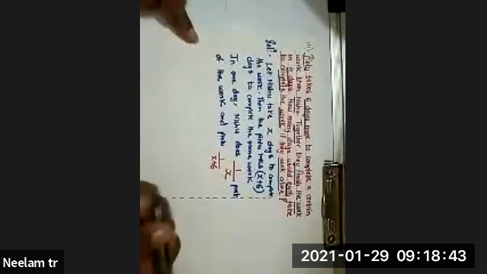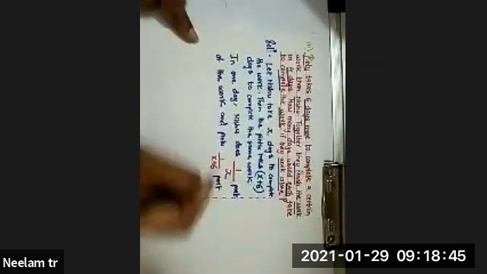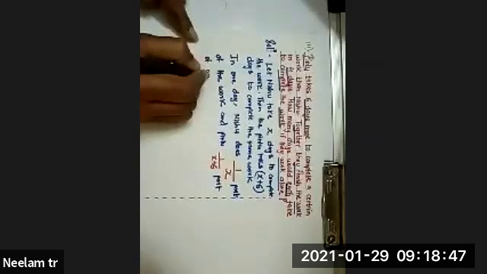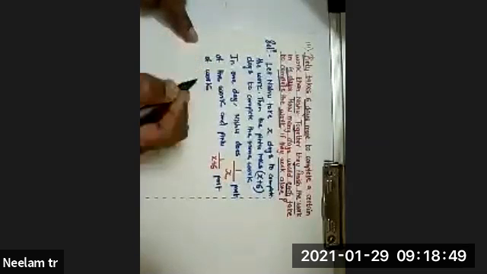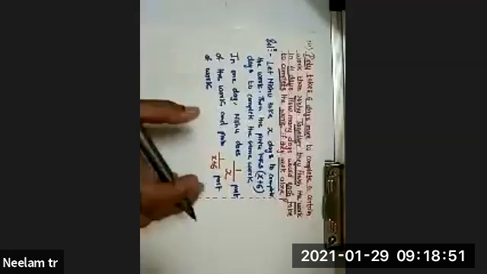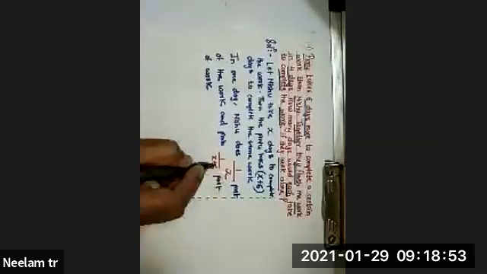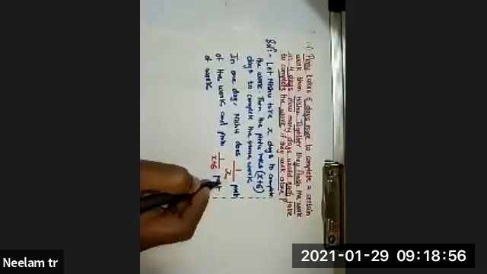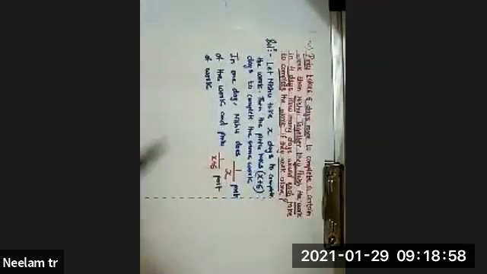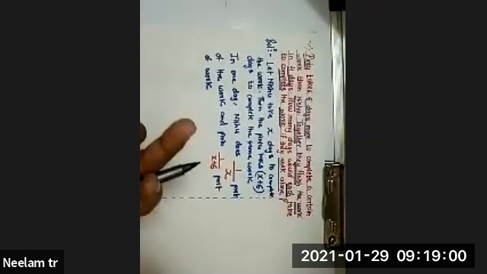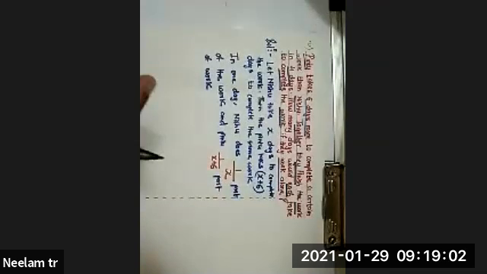Okay. X plus 6 part of work he is doing. So together, if they work, it means 1 by X plus 1 by X plus 6. If they work together, they will complete it in 4 days.